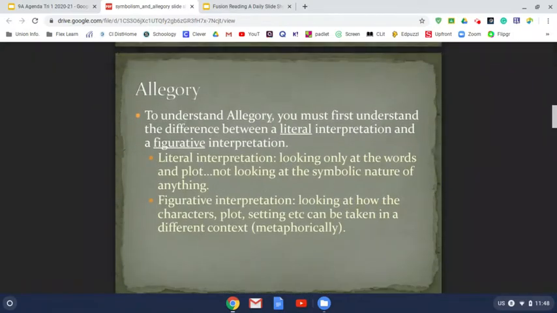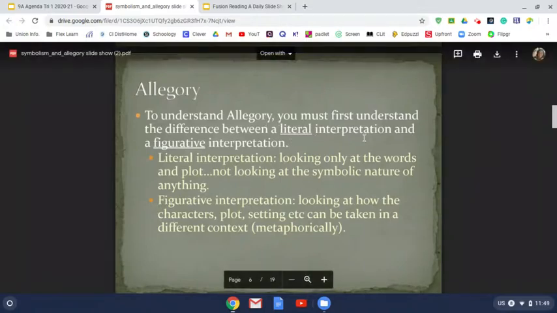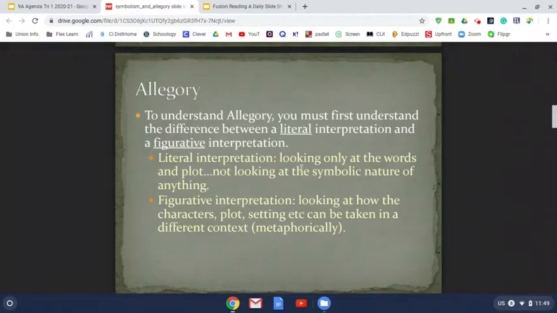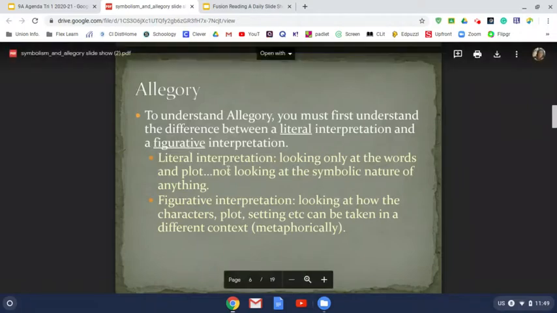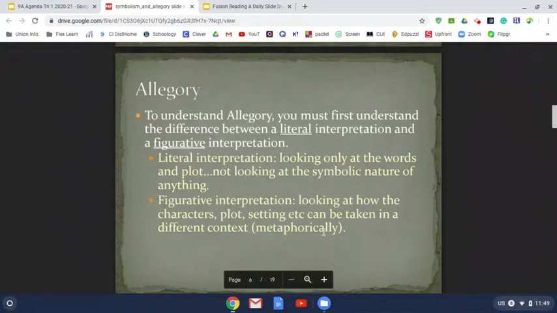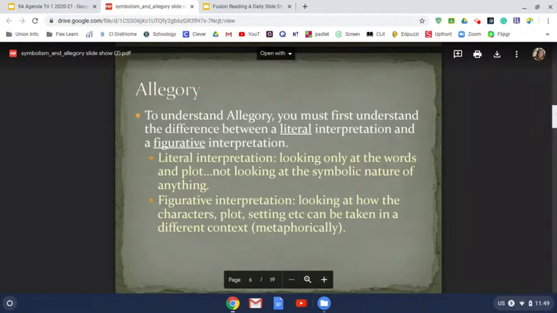On the other hand, with allegory, you have to understand the difference between literal interpretation and figurative. Literal is what it says, just the words, like in plot. You're not looking deeper into the meaning. So the words on the page are literal. Figurative means you have to think deeper, like how do these things work together metaphorically?